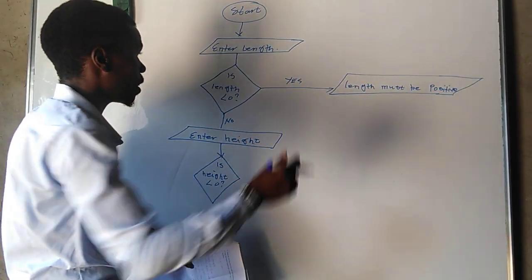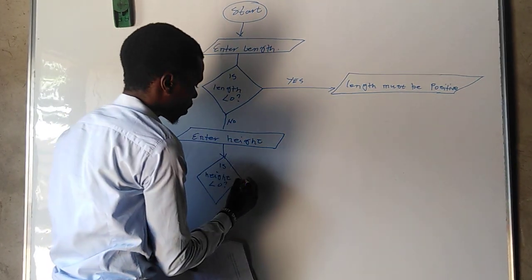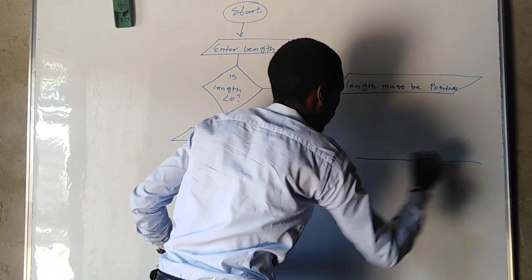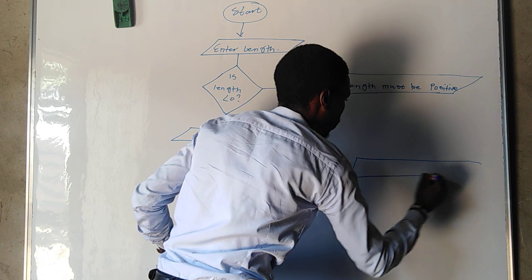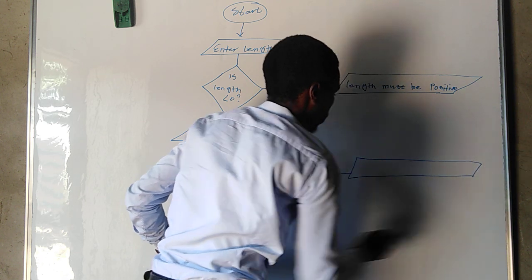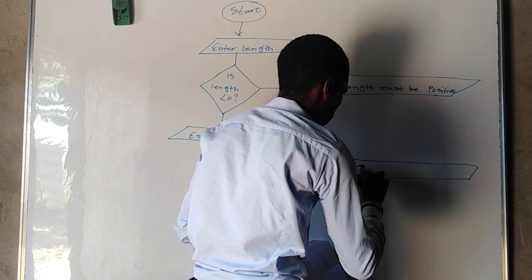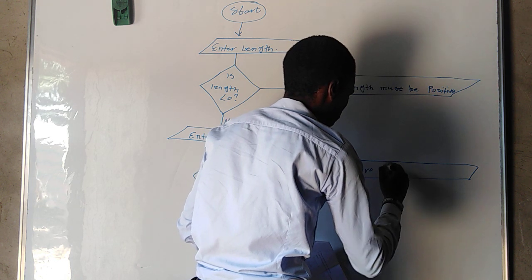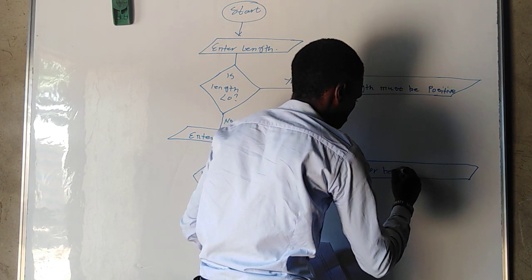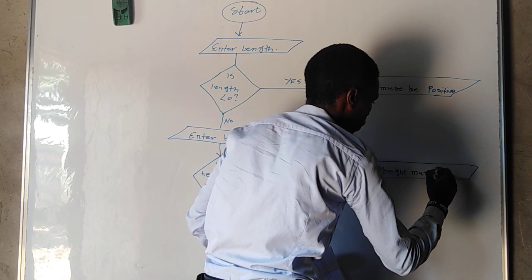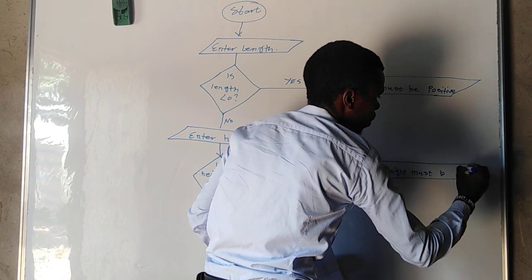Then again display, like the way I put it here. I'll bring this arrow here again. Then here I'll bring my parallelogram. Then what am I going to put? Display error message: height must be positive. Error, height must be positive.